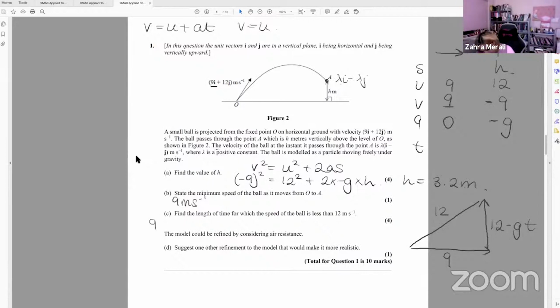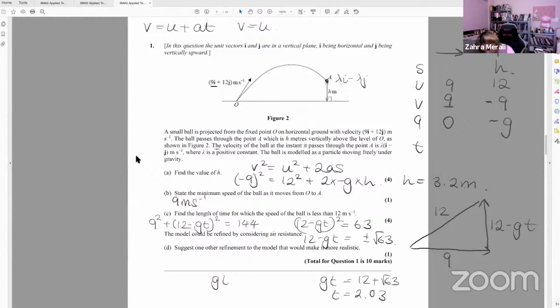So we've got 9 squared plus (12 minus gt) squared equals 12 squared, so 144. So we get (12 minus gt) all squared equals 144 minus 9 squared, so 63. We take the square root, plus or minus root 63. We rearrange that, and we get gt equals 12 plus root 63, so t equals (12 plus root 63) divided by 9.8, which gives us 2.03.